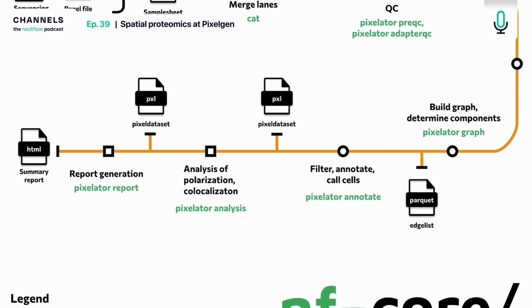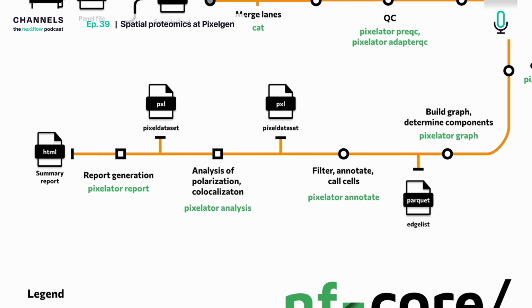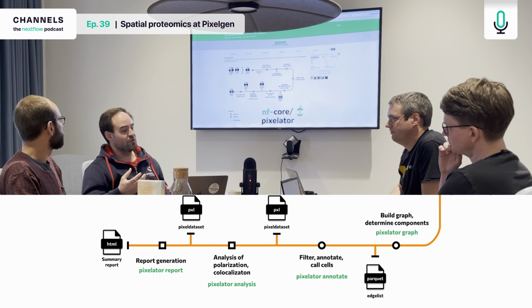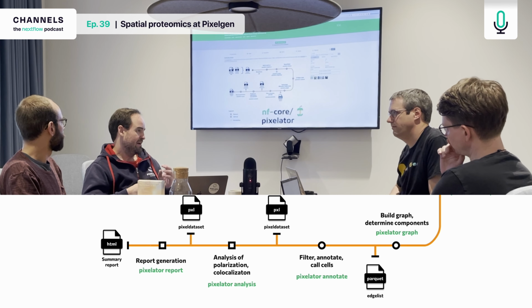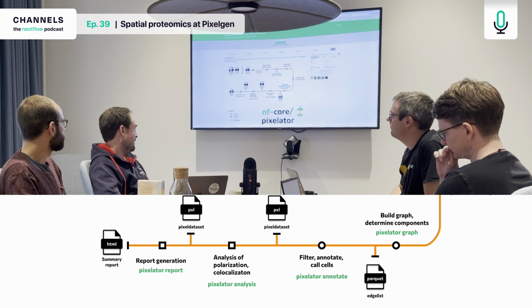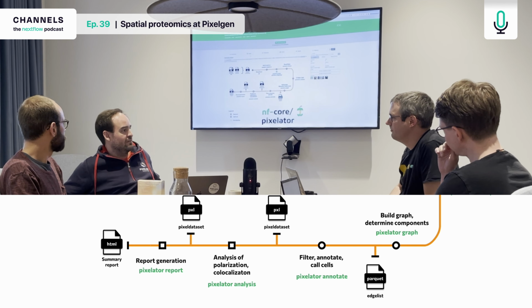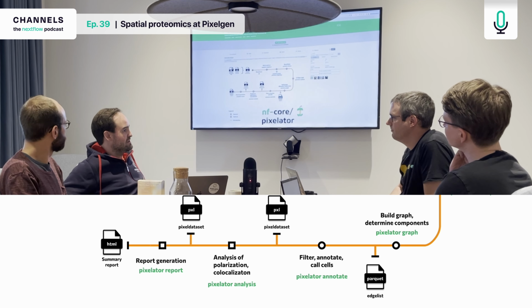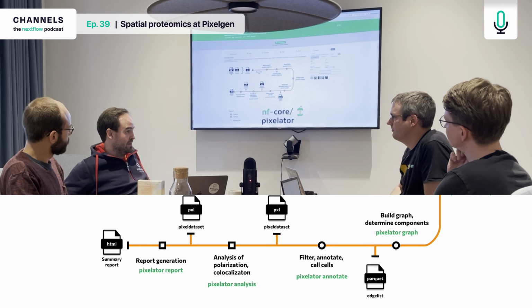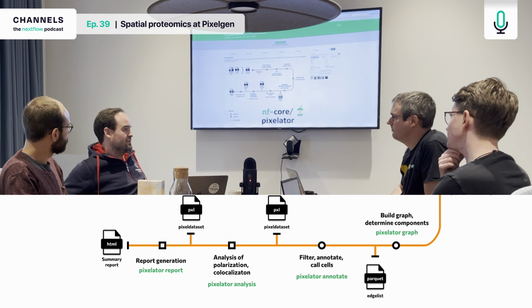Until that moment it's called a component, and differentiating which components are cells or not, because there will be certain unformed cells or certain antibody aggregates that you want to get rid of. And then it will be basically all the analysis that Johan was talking about: getting polarity scores in every cell, getting colocalization values for every pair of proteins, and doing that really quickly and efficiently also.